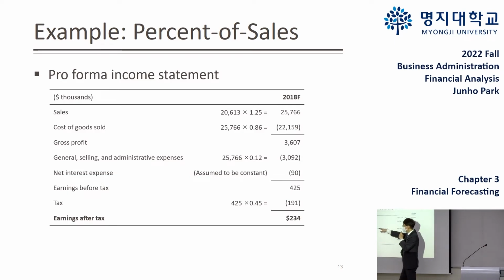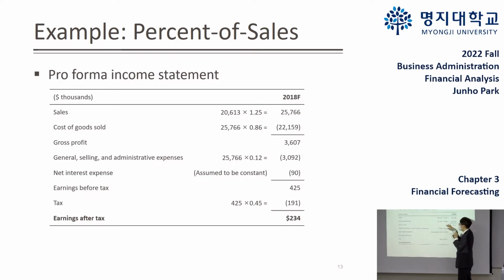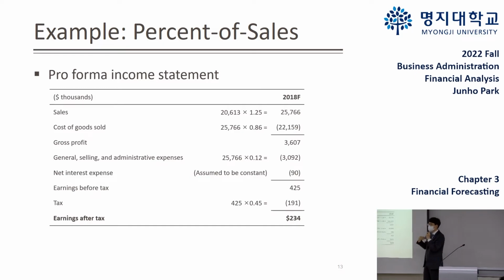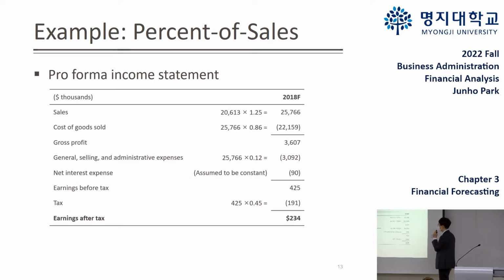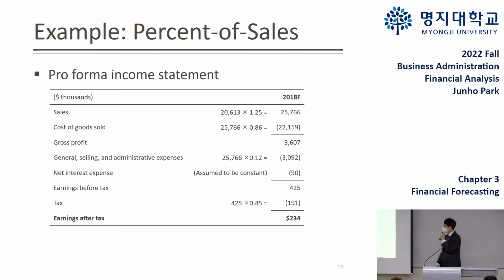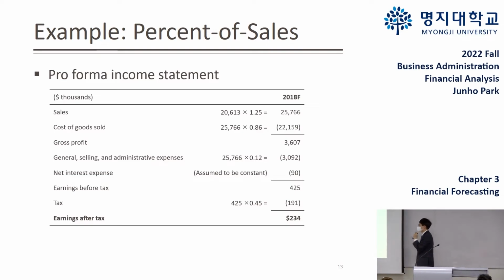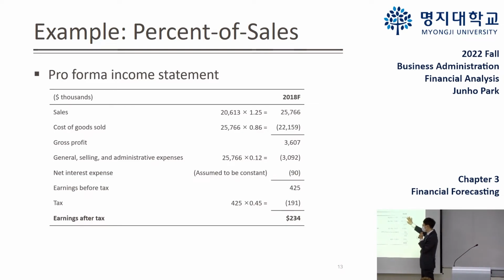So, for example, because cost of goods sold was 86% of sales, we are going to multiply 0.86 by the sales, and then we obtain 22,159. And then the difference between them will be gross profit, and we have selling, general, and administrative expenses, which amount to 12% of the sales.